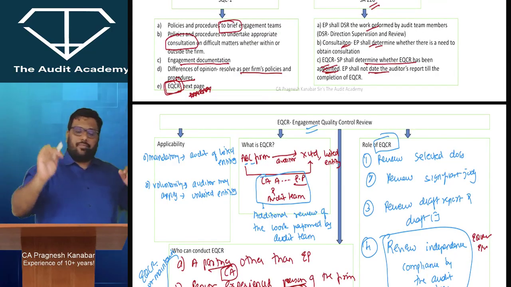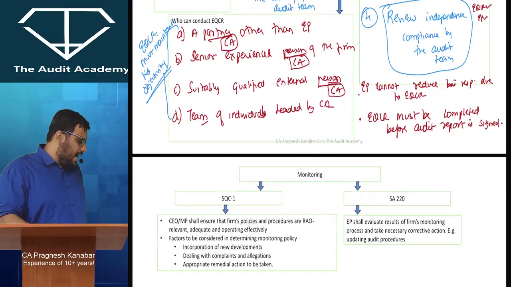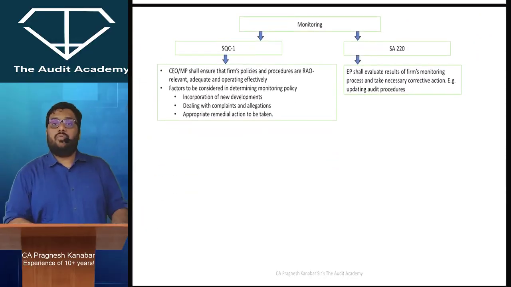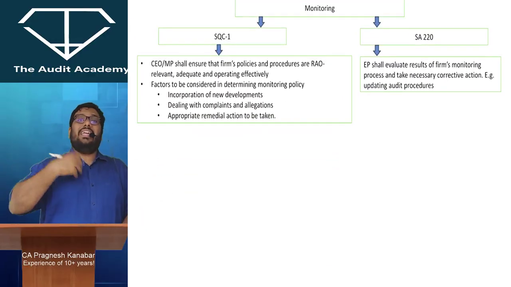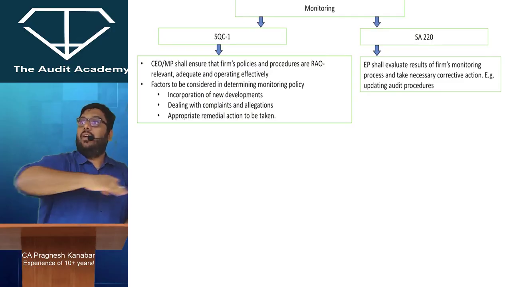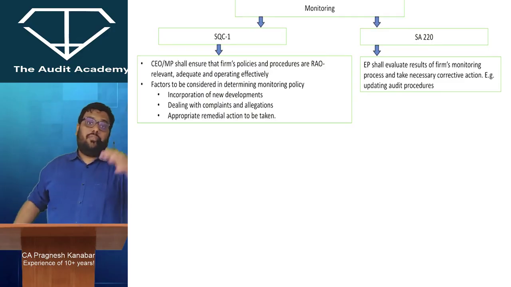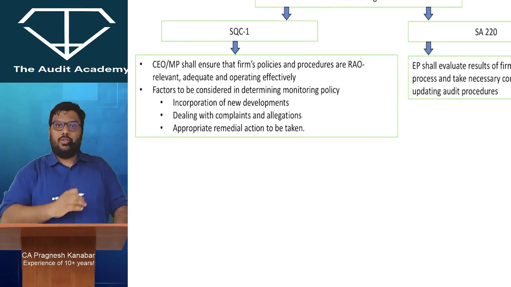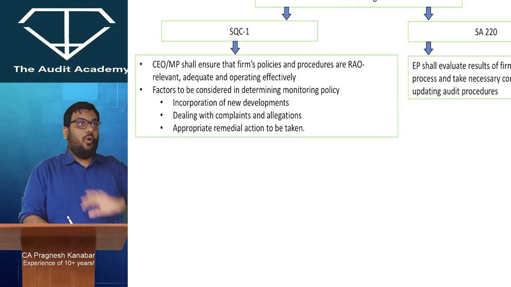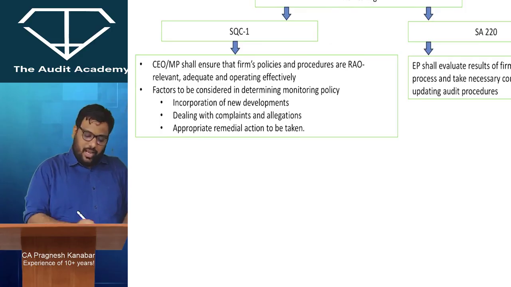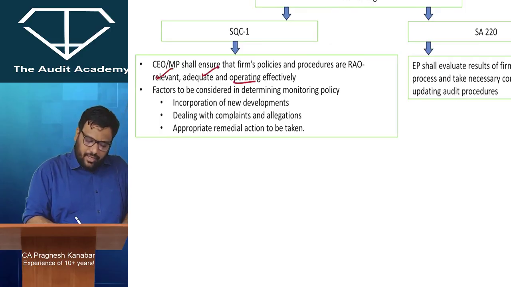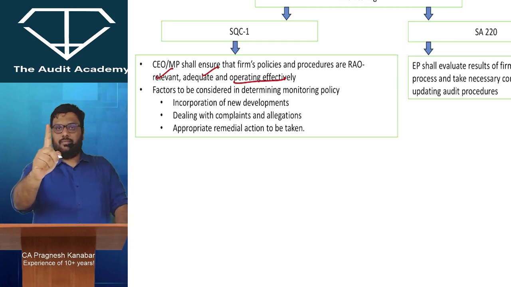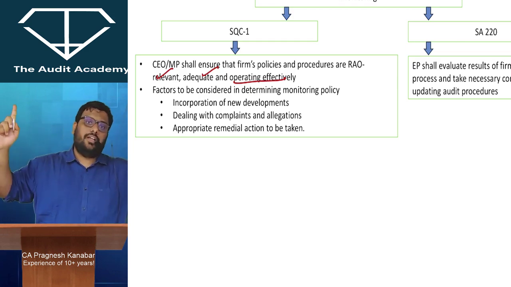LEAHE is done. We move to the very last component, that is monitoring. I am worried whether my whole firm is following this particular system or not. So I should monitor whether all my policies and procedures are relevant, adequate, and operating effectively. So this is monitoring of my own quality control system.